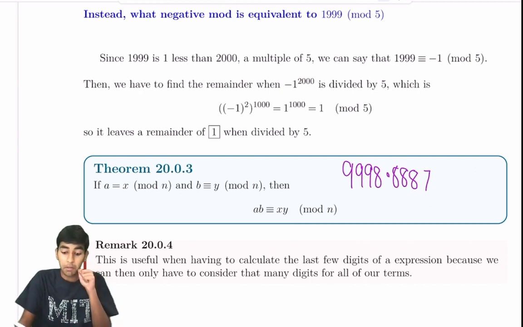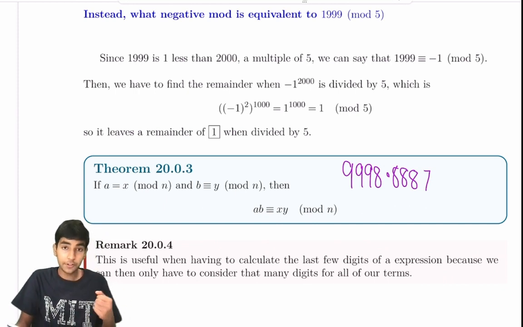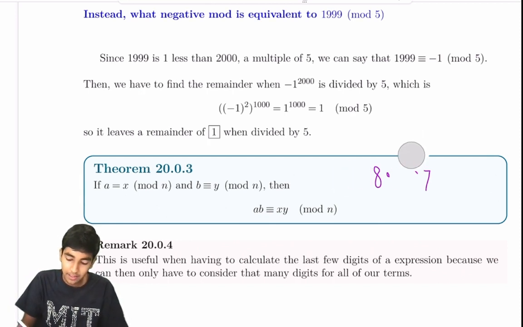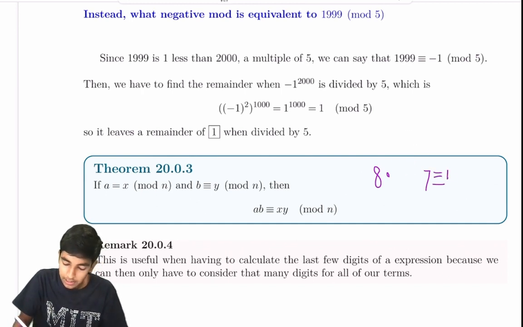Now, one way is to multiply these numbers out, and that does not look like it would be easy at all. So instead, because we're just looking for the last digit, all we have to do is find that the first number is 8 mod 10 and the second number is 7 mod 10. So the product is equal to 56 mod 10, which is the same thing as 6 mod 10.